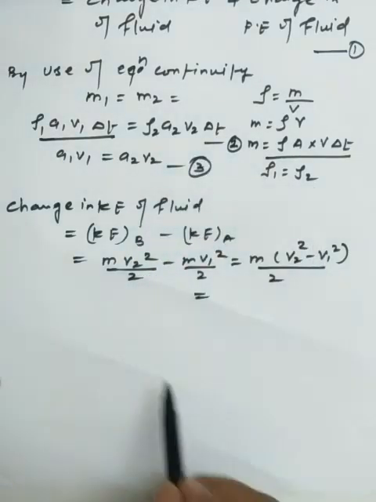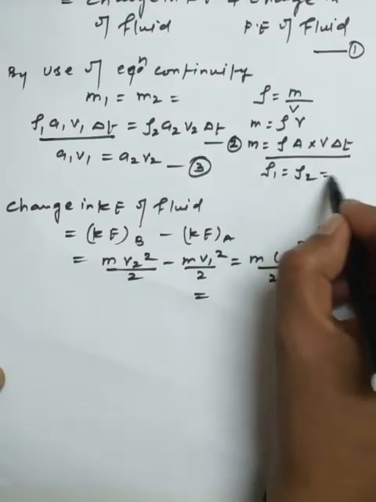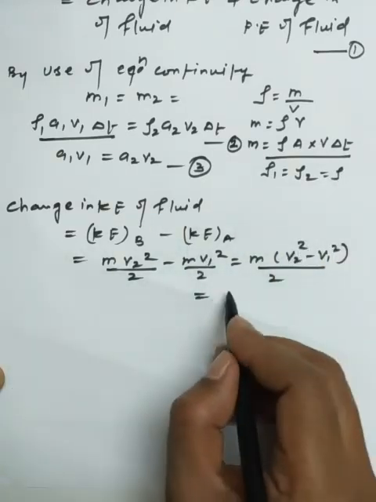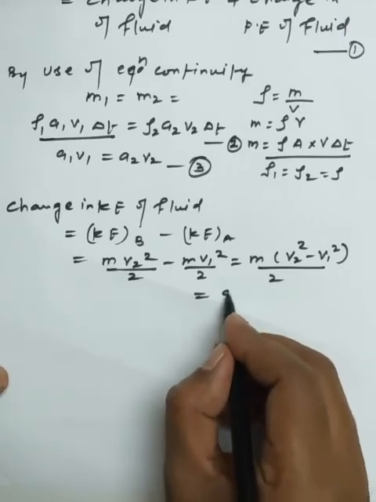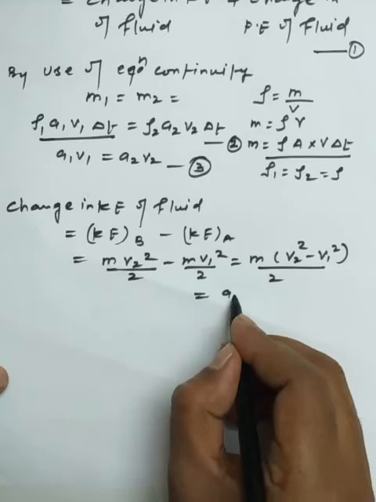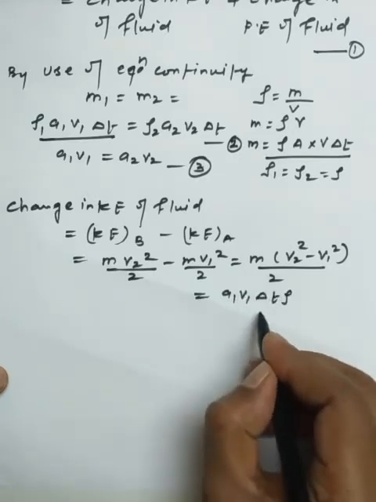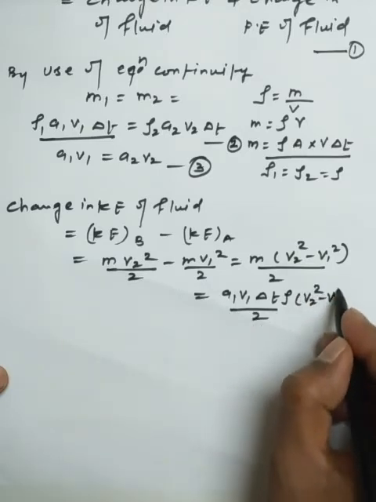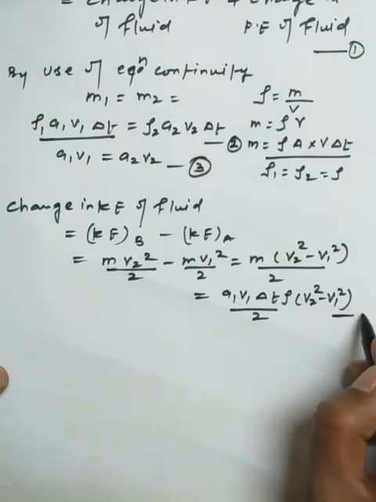Here I am assuming rho 1 equals rho 2 equals rho, so it will be easier for me. At the place of m I can write a1 v1 delta t, and rho by 2 times v2 square minus v1 square. So this is the simplest representation of the change in kinetic energy. This is equation number 4.